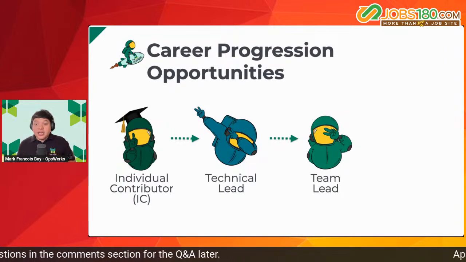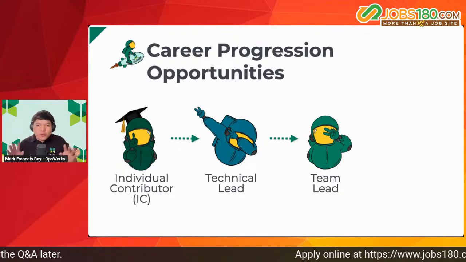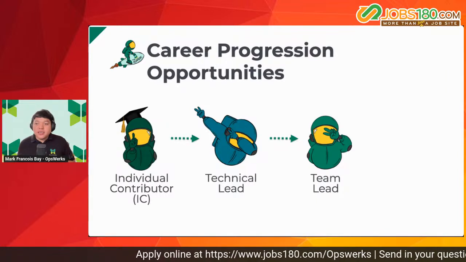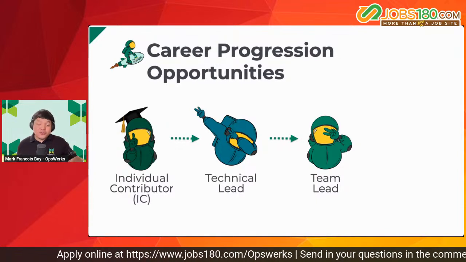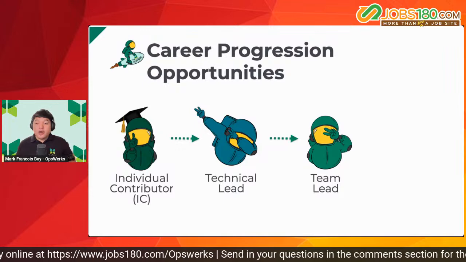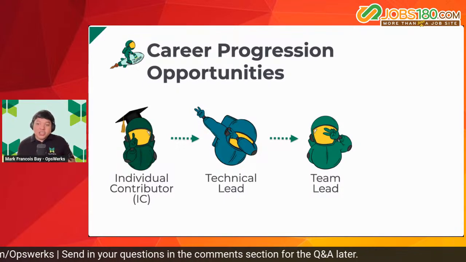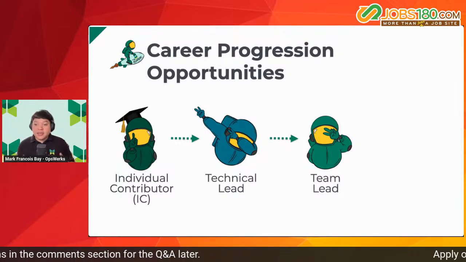The next progression is becoming a team lead. This is the usual, although not a fixed, path for ICs in Opswerks. You become a tech lead first usually to get the experience on how to lead from the front. Then you become a team lead. Here you will be in charge of people development, concerns, and overall healthiness of the team.